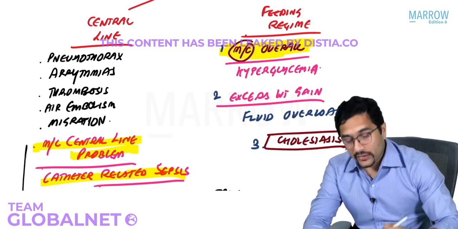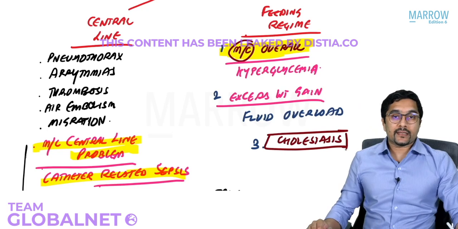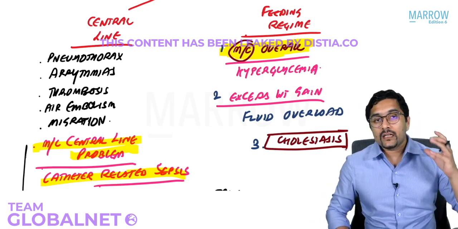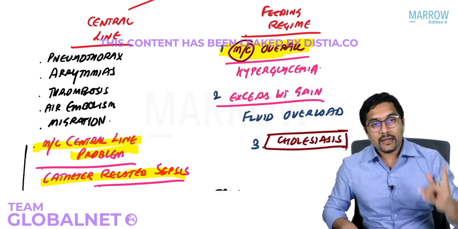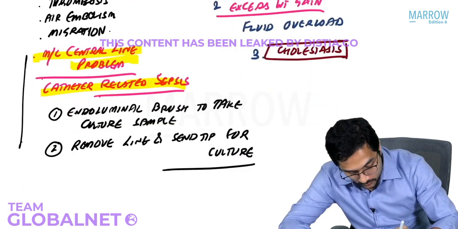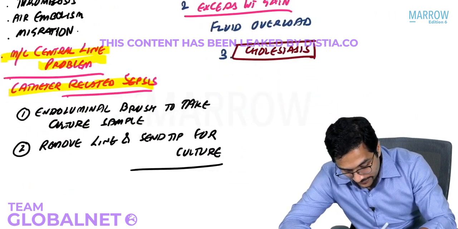Remember, I told you that enteral nutrition maintains the enterohepatic circulation. And if enteral nutrition is not being given, then cholestasis can occur and bilirubin can increase in these patients.